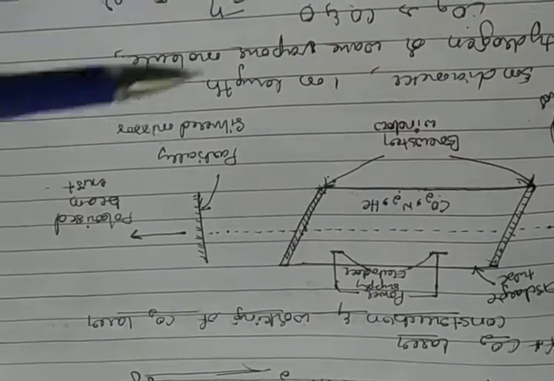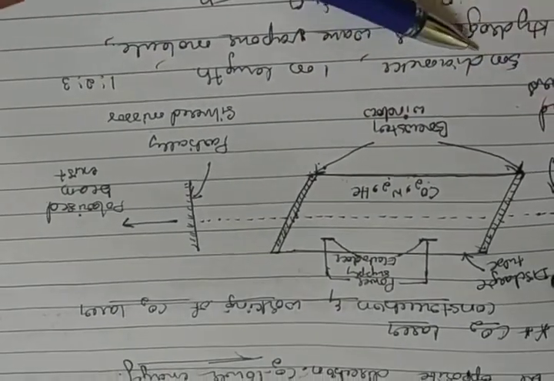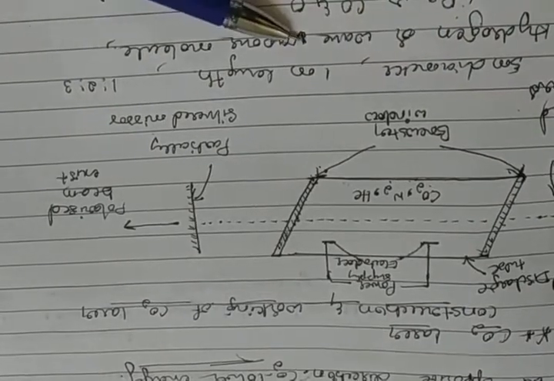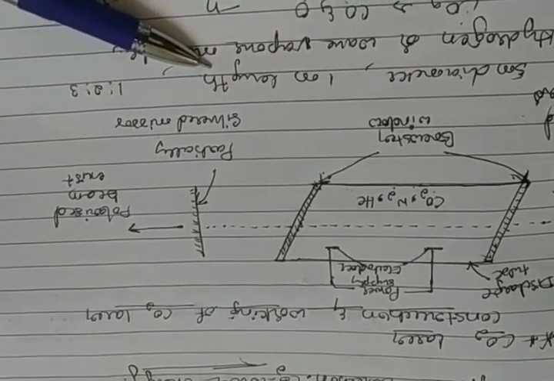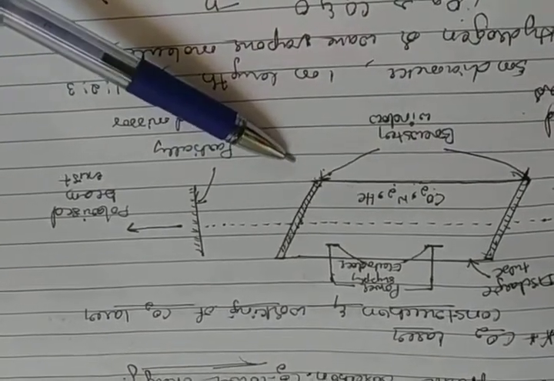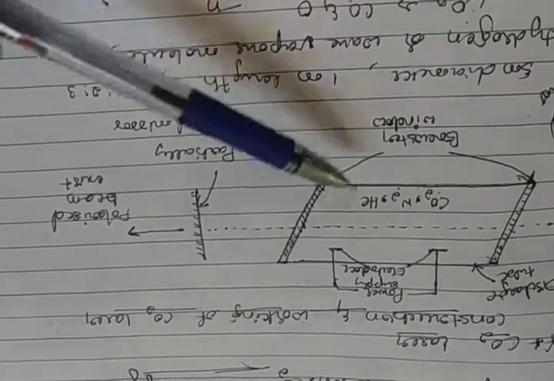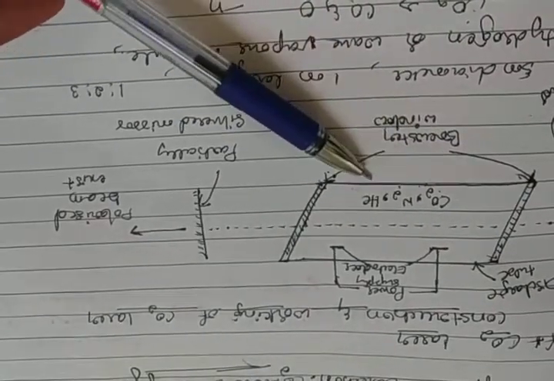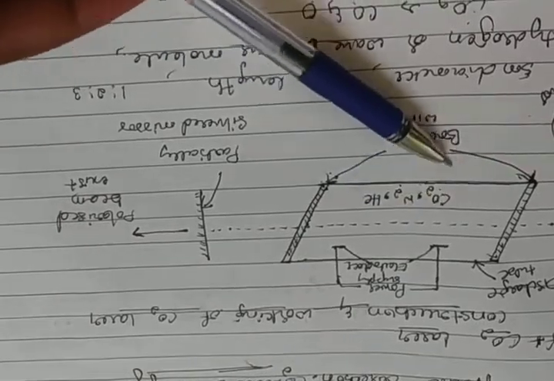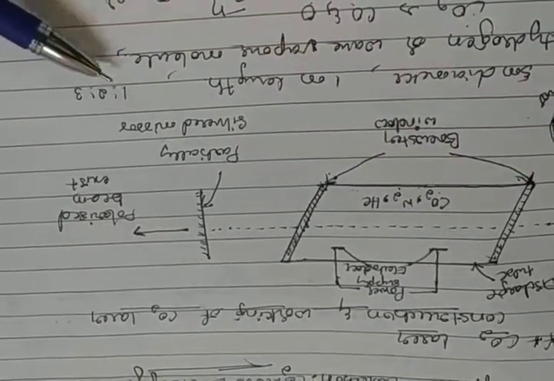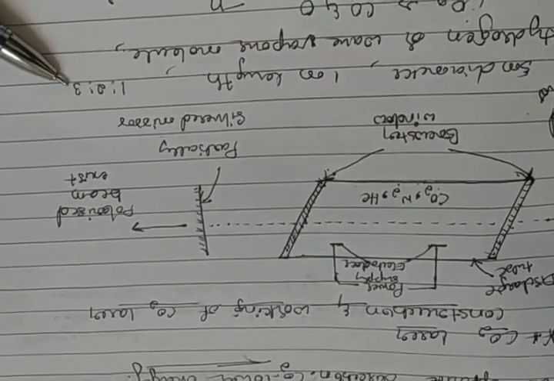Its diameter is 5 millimeter and its length is 1 meter. The discharging tube has some gases, that is CO2, N2, and helium. These gases are mixed in the ratio 1:2:3.